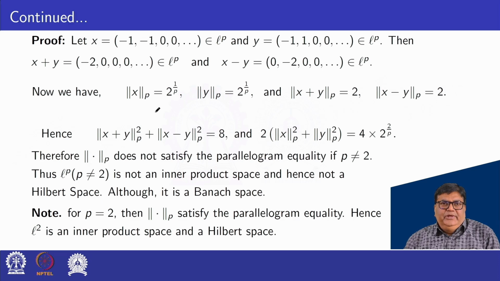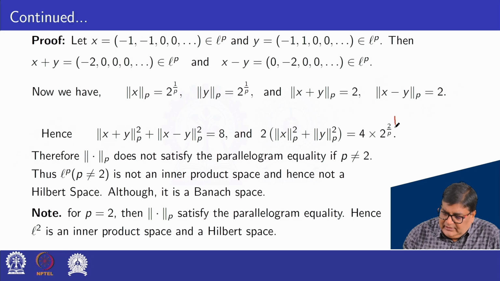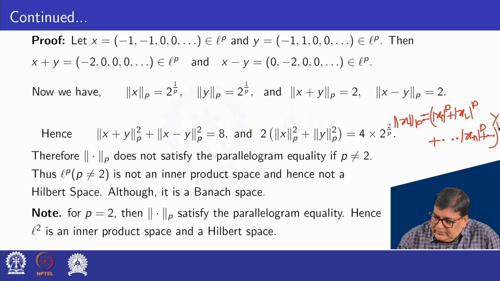Now we have the p-norm. The norm of x under p equals the sum of mod x1 power p plus mod x2 power p plus and so on, mod xn power p plus and so on, whole power 1 by p.